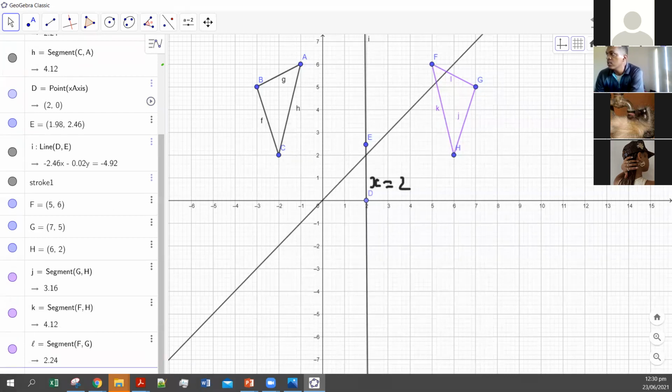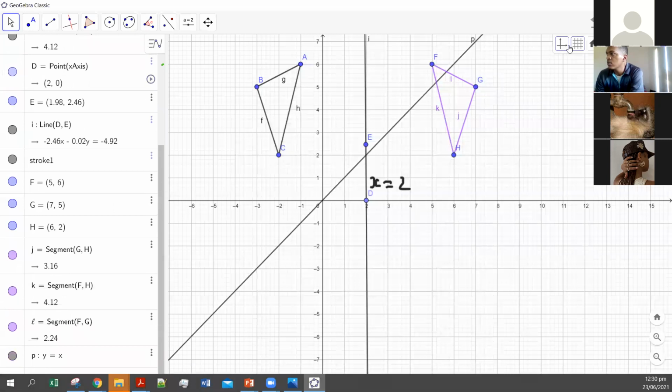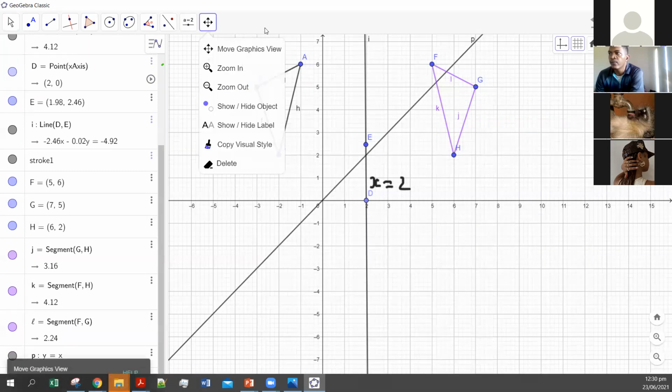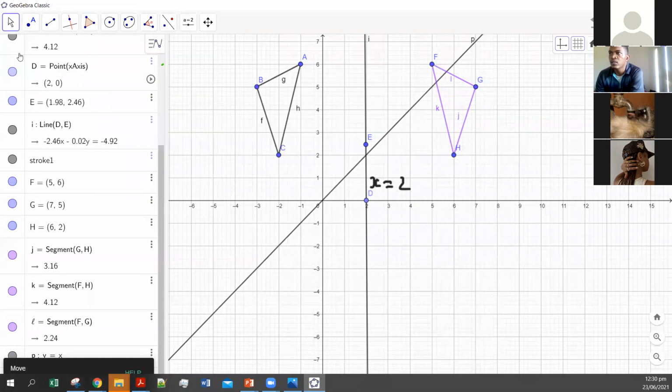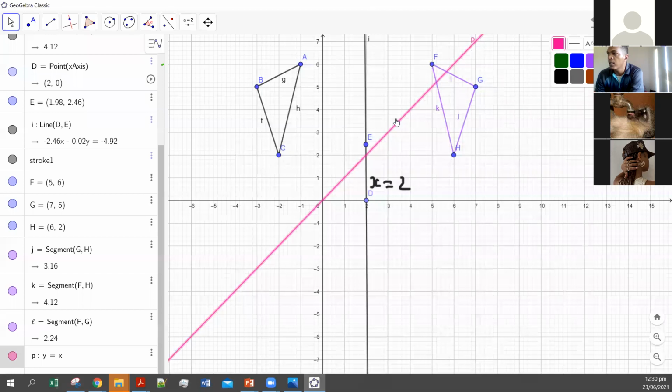Can I change the color? Since this color that I just used is a normal one, the computer sees it. I just changed the color to pink. That is the one we need to reflect it on. And that is now one of the ways we also need to reflect.